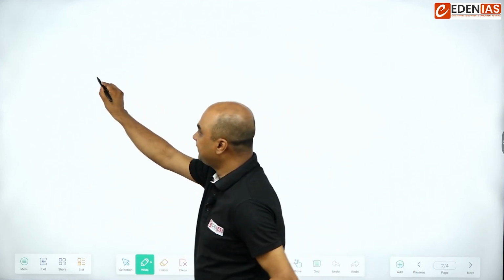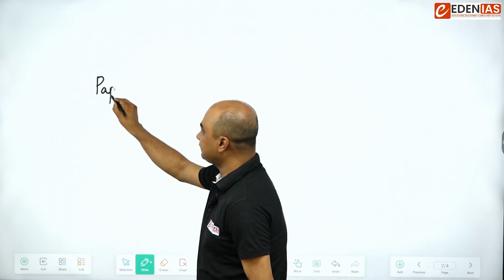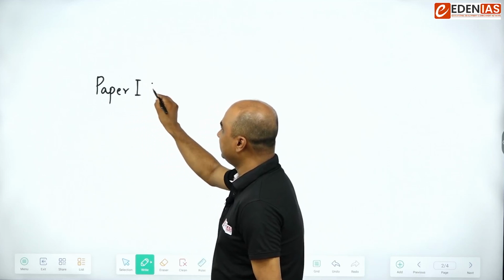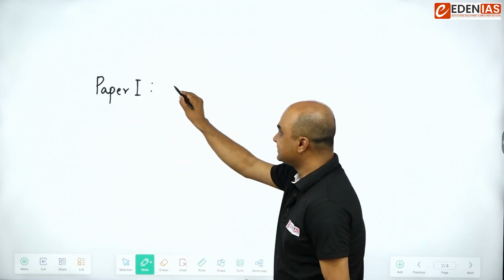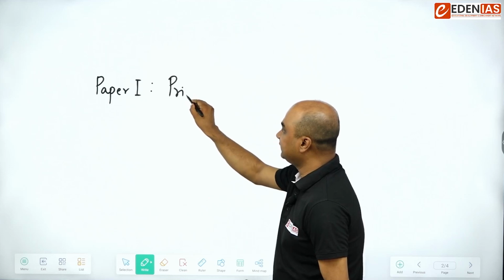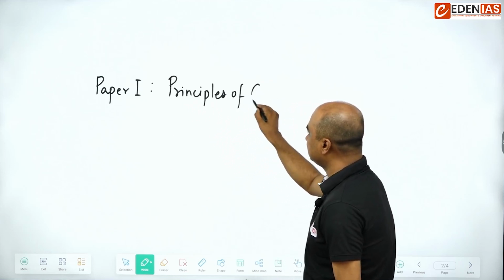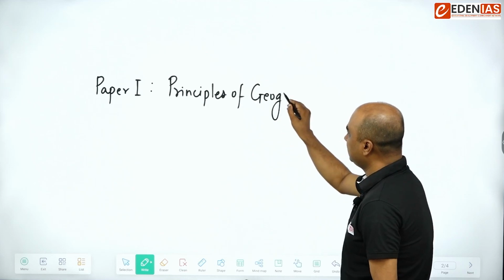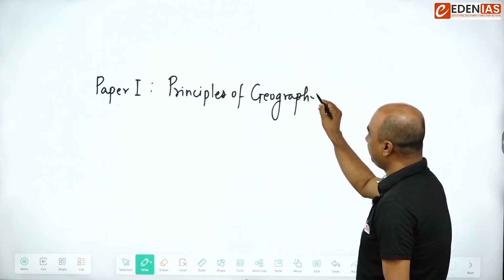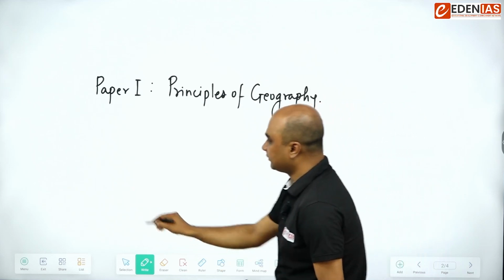सबसे पहले आपको दोनों पेपर का नाम पता होना चाहिए. और आप ये सोच रहे होंगे कि नाम में क्या रखा है? वेल, नाम में सब कुछ रखा हुआ है. Let's try to understand that. Paper 1 of geography is actually known as Principles of Geography. That's the name of paper 1, Principles of Geography.